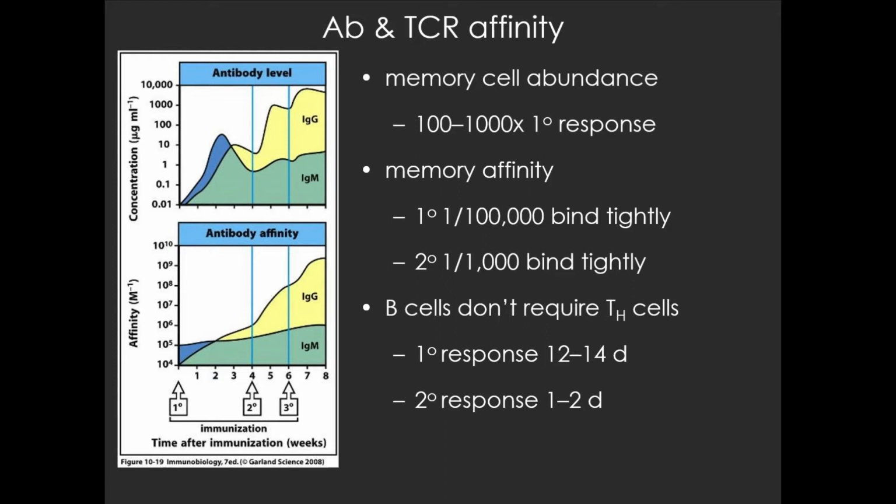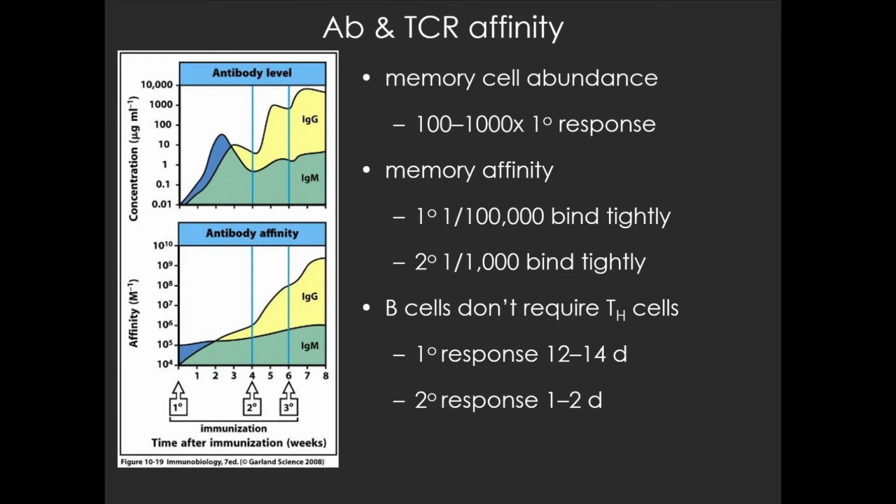Well, it turns out that once you teach the B cell, once it learns, once it clonally expands and activates and becomes this memory B cell, it no longer requires the interaction of the helper T cell in order to respond to antigen, to become activated again. Because all of these memory cells are capable of becoming activated just like the naive cell.